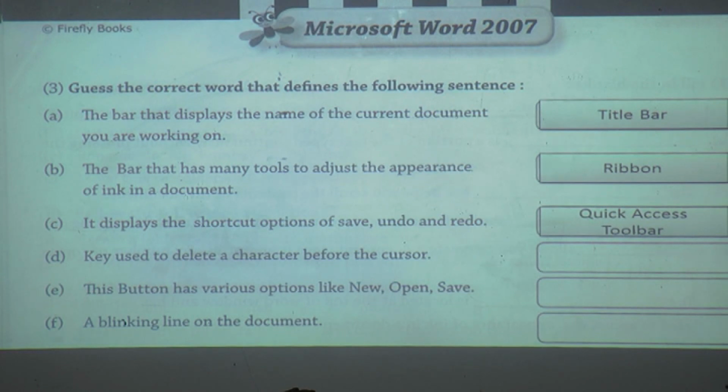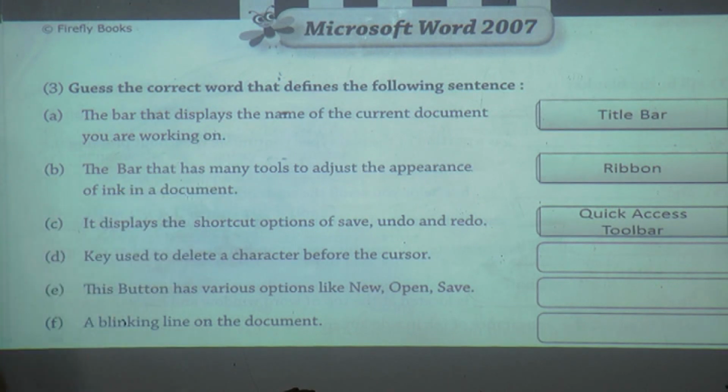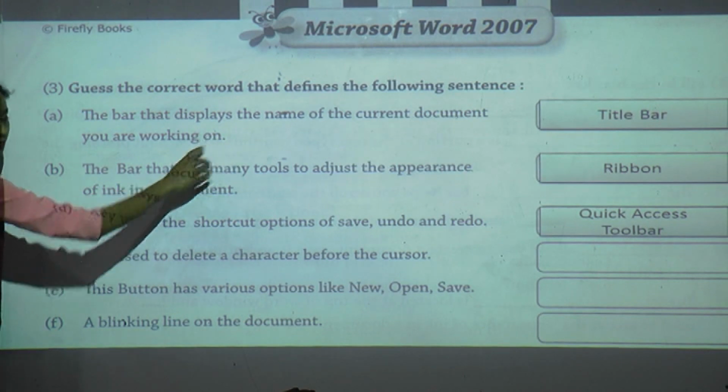Now next one. Key used to delete the character before the cursor. Which key is useful on the keyboard? Keyboard having many keys, right? Which key is useful for delete the character before the cursor? Means suppose my cursor is here and we want to erase this, then we can erase this dot.